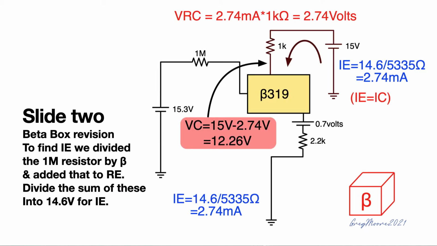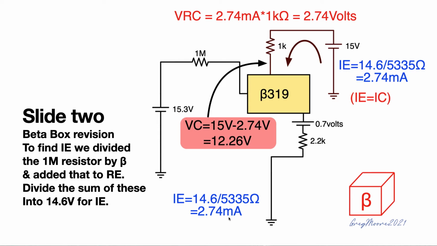So here's another slide from the previous part 1, and again showing that the emitter current is given by 14.6 divided by that equivalent resistance, REQ, of 5335 ohms to give 2.74 milliamps. I think the simulator gave us 2.6 milliamps.